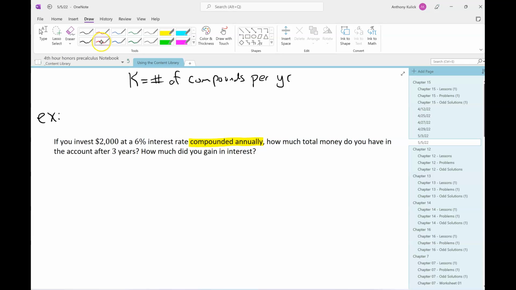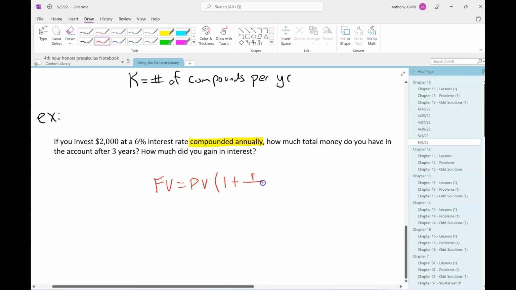When I hear compounded, I know that I should be using the compound interest formula. That's convenient that they've named it the same way. Everybody's cool with that?